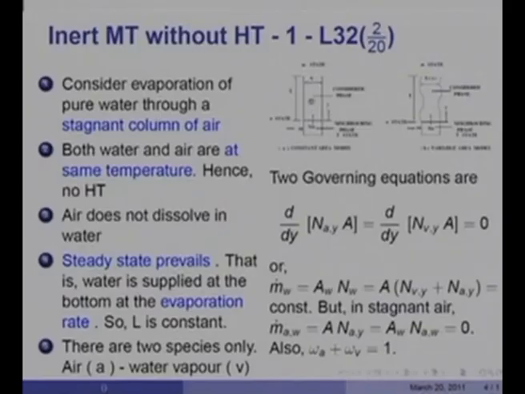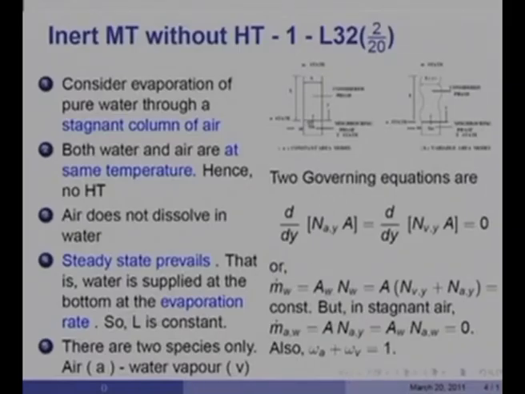Stefan flow model, as you know, is primarily applied to diffusion mass transfer. Both water and air are at the same temperature, and therefore, there is no heat transfer. Air also does not dissolve in water, as such there will be no transfer of air from the considered phase into the water phase. Steady state prevails, that is, water is supplied at the bottom at the evaporation rate.